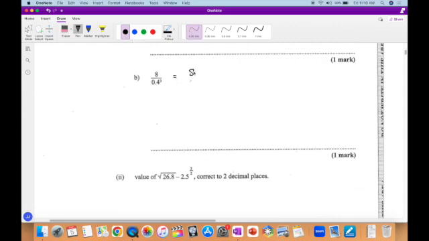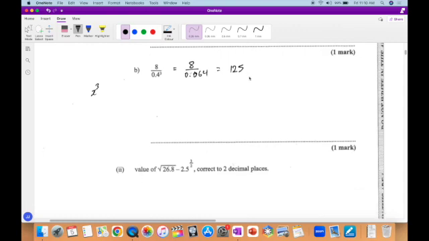And it would be 8 all over, and you just punch in your calculator 0.4, and there should be an x cubed button. So if you just press that x cubed button, you will get 0.064. And now I will go 8 divided by 0.064, which is 125.